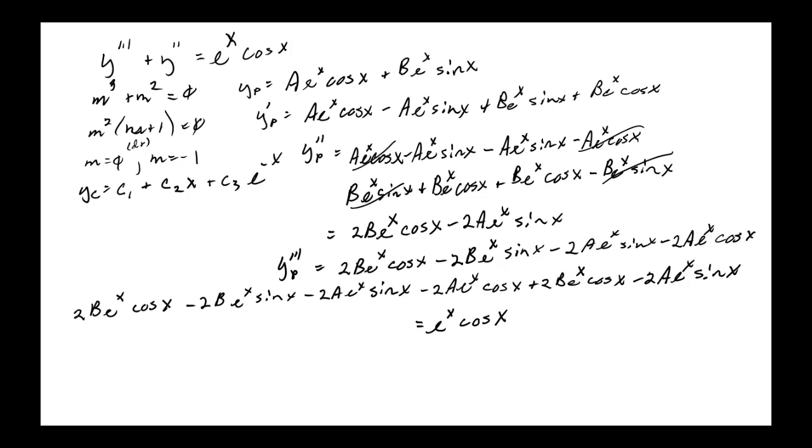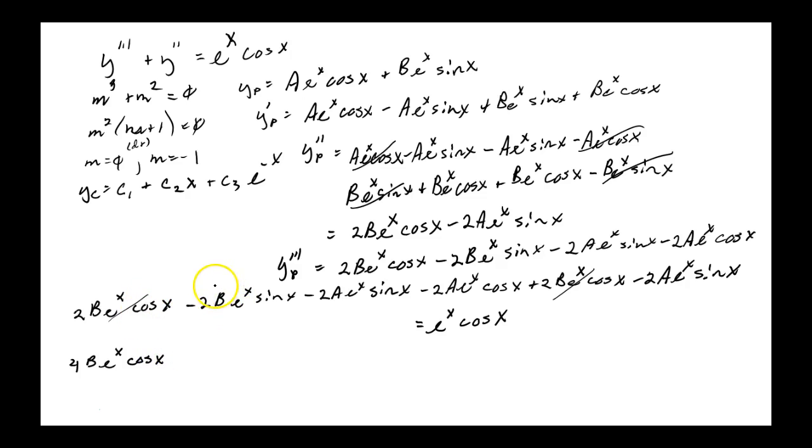And 2 minuses here are going to give us 4 of those. So I can cut down the length of this a little bit. This one and that one combine to be 4b e to the x cosine x.